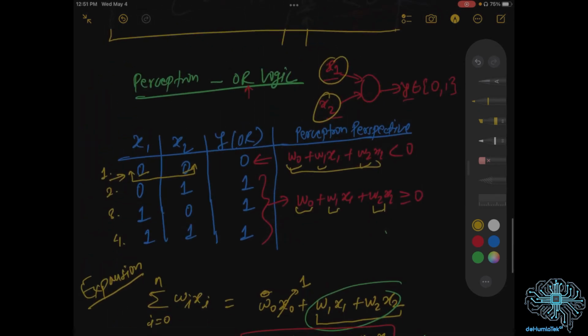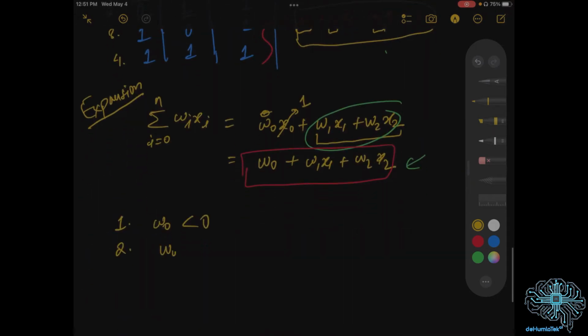If we substitute 0 and 1, then for the expression number 2, W naught plus W2 is greater than 0.